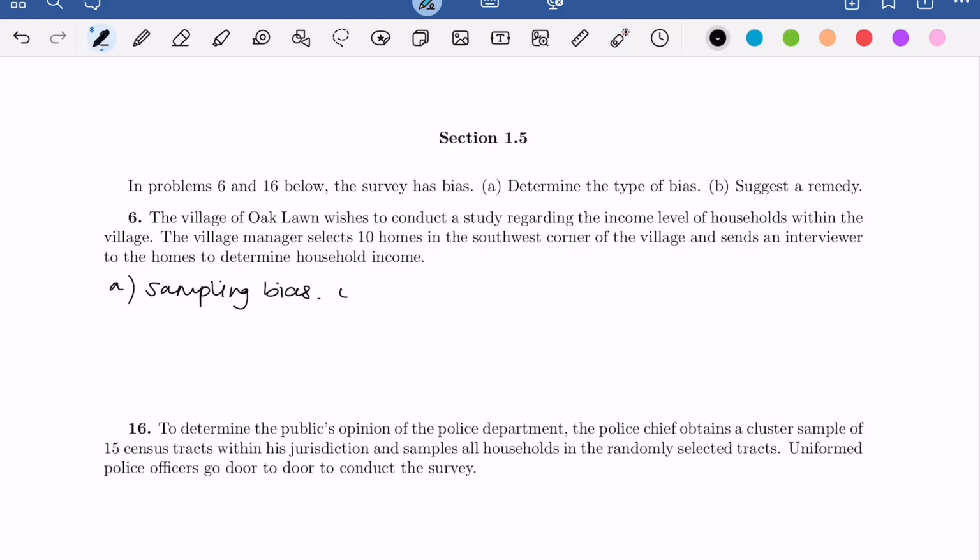Only homes in the southwest corner have a chance to be interviewed. So let's write that down here. Only homes in the southwest corner.